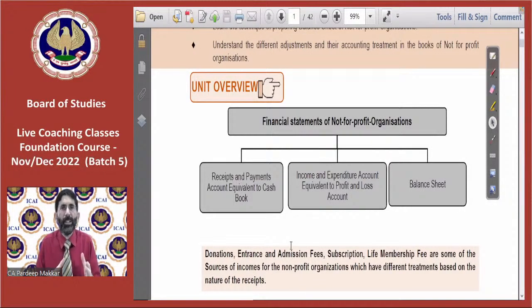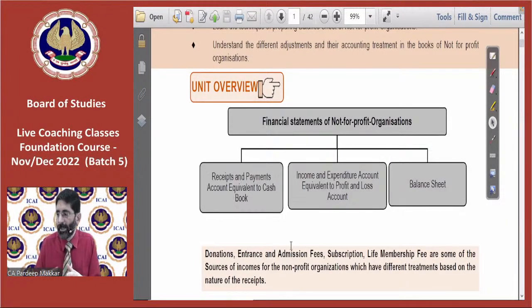They are also going for self-funded courses in which they have to arrange their funds themselves, meaning government is not going to pay them. So with time the concept has changed, but the old concept remains, so we call them not for profit organizations.